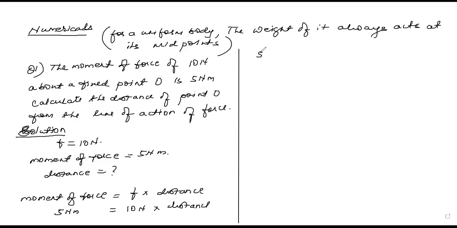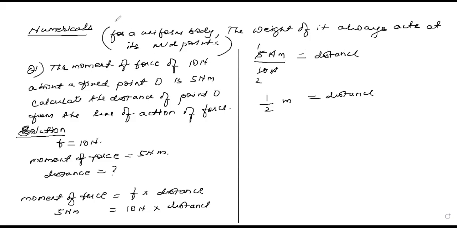So 5 Newton meter upon 10 Newton. Remember, the units will also get cancelled. 5 ones are 5, 5 twos are 10. Newton gets cancelled. So it is half meter, the number alone and units to the side. So distance is half meter, half is 0.5.